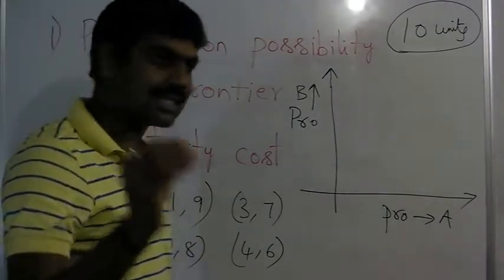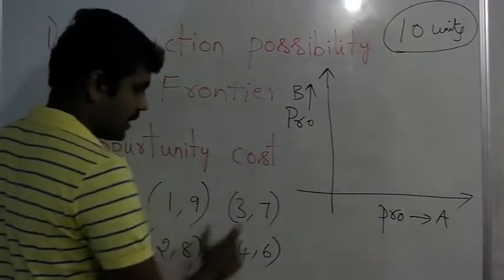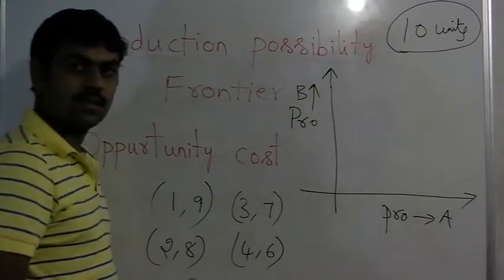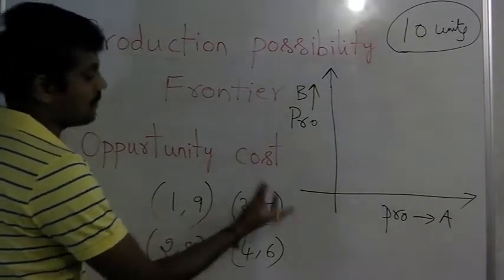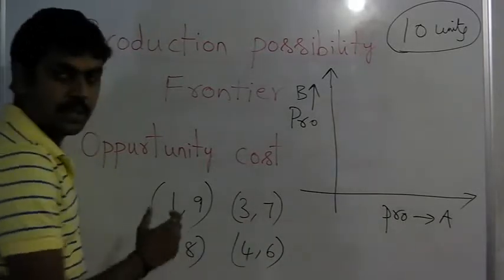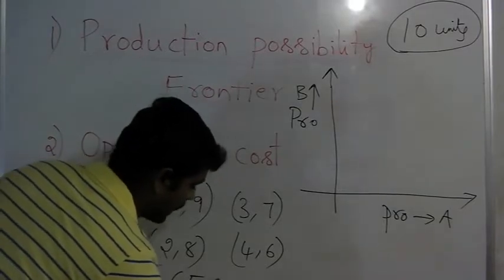To let you understand, I am simply writing here 1 9, 2 8, 3 7, 4 6. It's not necessary that they should be like this. For example, it may start with 3 7 and some possibility 2 8, and finally it may lead to 5 5, anything.